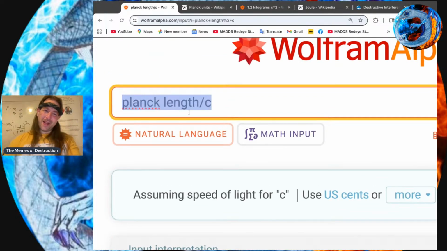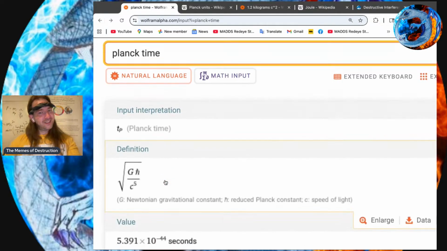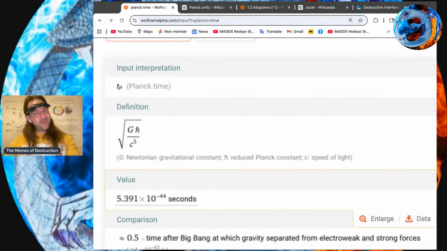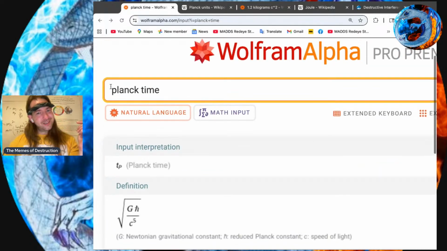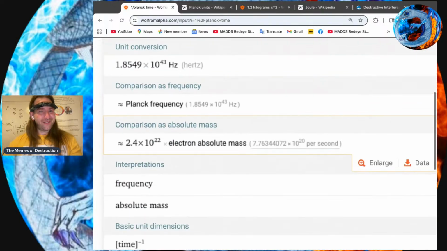So if we go back to the Planck time, you might see this and think, that's interesting. Now, what happens if we do 1 over Planck time? We get the Planck frequency.